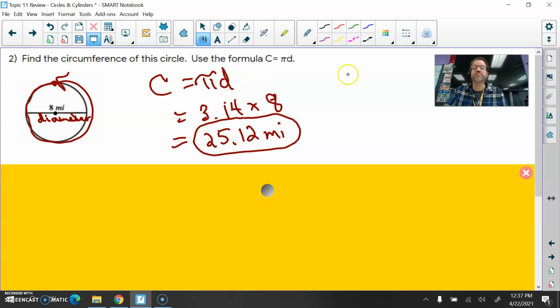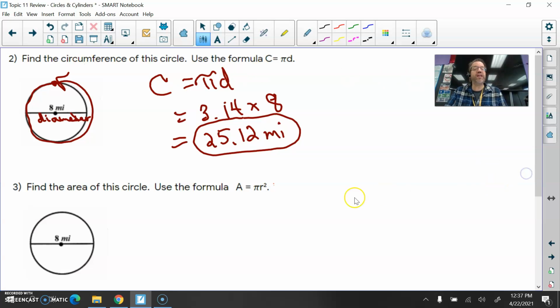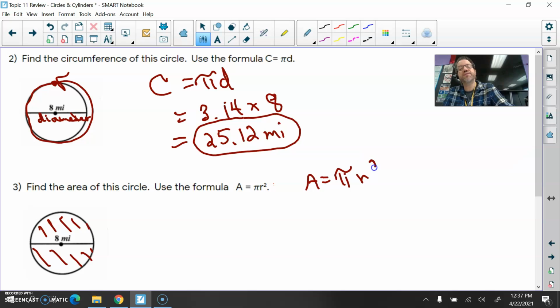Okay? If you take that same circle with the 8-mile diameter, can you find its area? The area would be how much space there is inside of the figure here. Use the formula A equals pi r squared. Area equals pi times the radius squared.